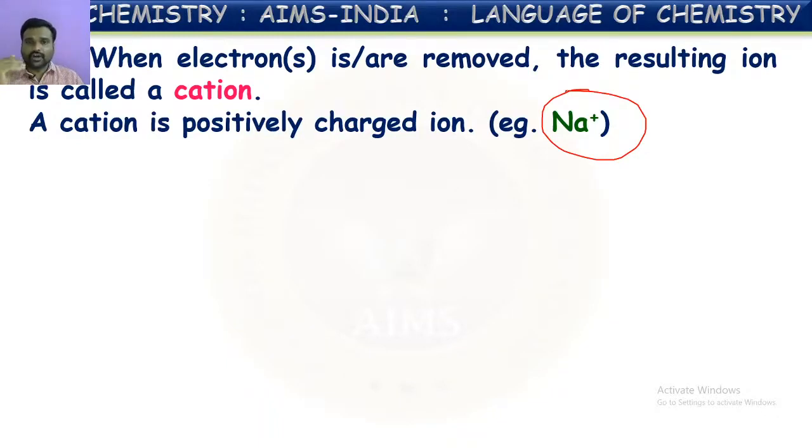The number of electrons becomes less than the number of positive charges in its nucleus, so it appears with a positive charge. The ions formed by removal of electrons from atoms are called cations, for example Na+.